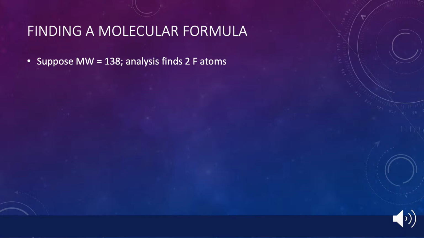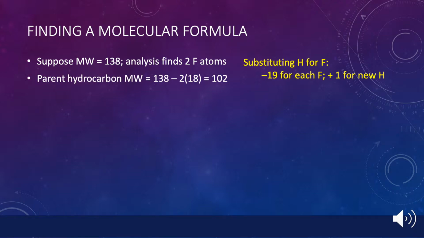Fluorine, like hydrogen, forms only one bond, so it is a direct substitute for hydrogen on a parent molecule that contains only carbon and hydrogen. The molecular weight for this parent hydrocarbon is found by subtracting 19 for each fluorine atom and adding 1 for the hydrogen used to replace it. In this case, it would be 138 minus 2 times 18, or 102.